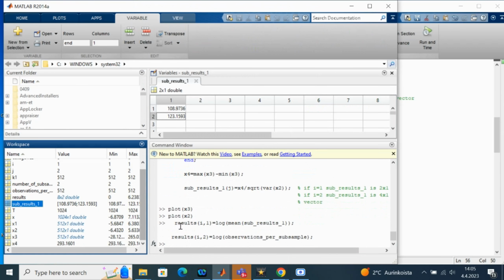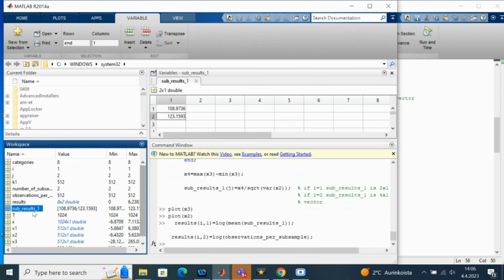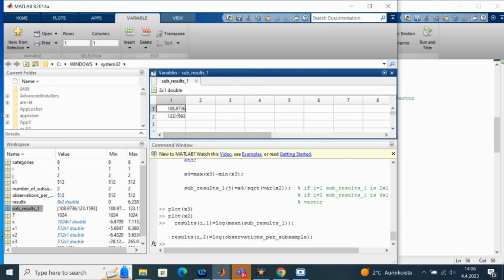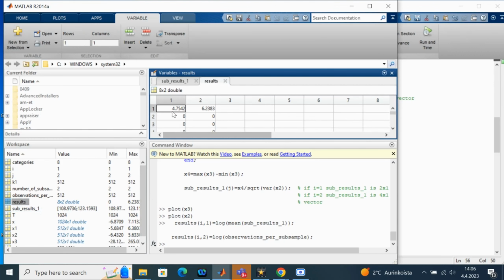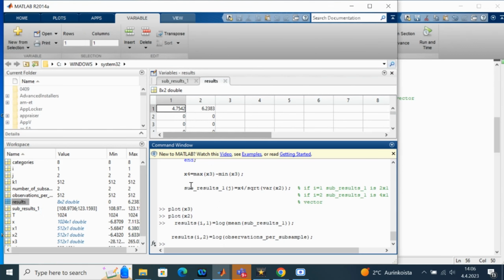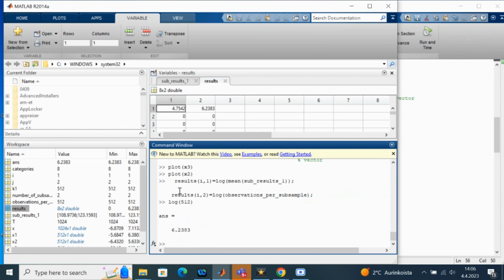If we now check this result matrix, we should have the average of these two numbers here and the logarithm of the average. And this is obviously 4.75. And the logarithm of 512 must be 6.23. This is exactly what we have stored here.